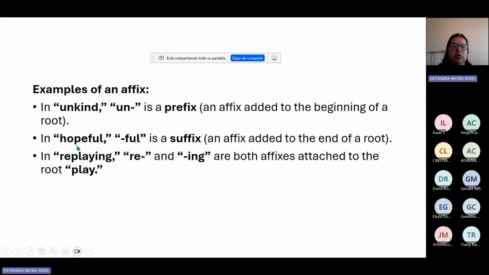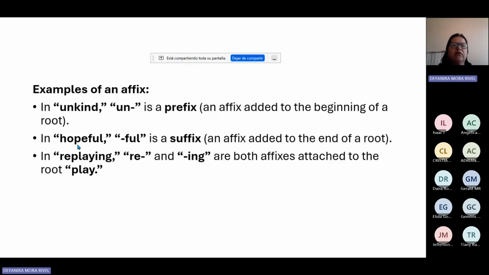Okay, so that way we're reviewing everything that we saw. Hopeful has two morphemes, hope and full. So full goes at the end of a root, or of a morpheme. It means full of, like joyful means full of joy, hopeful means full of hope.